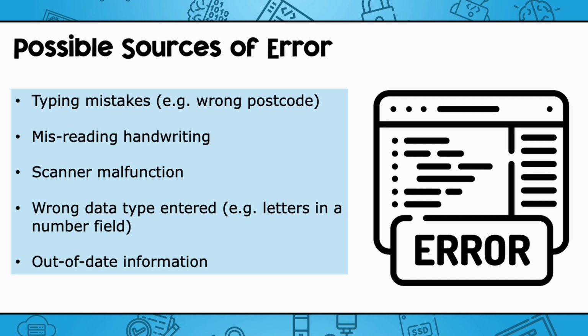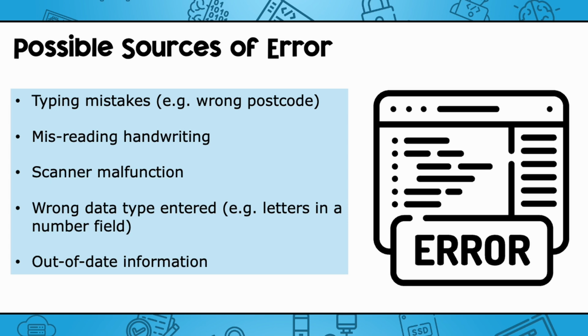So, possible sources of errors then. Errors can sneak into data at any point within that process. When someone types, scans, or uploads data, a single mistyped character can cause a database error, a missent letter, anything along those lines. That's why checking input data is so important.